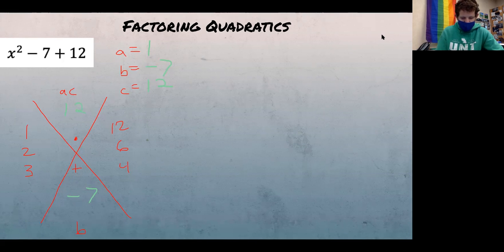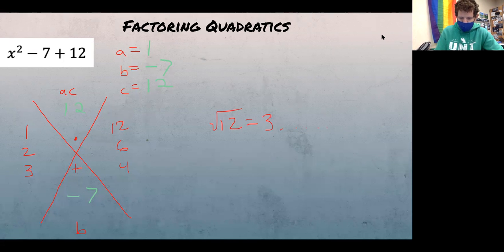Just kind of as a shortcut, I know where I stop is at the square root of 12. Once you get to the square root of 12, which is not a rational number, it's going to be like 3 point something. But as soon as you get up to 3, you don't have to keep going up to 4. And you can already see 4 is on the other side of this. So that's kind of my trick so that I can keep myself organized.